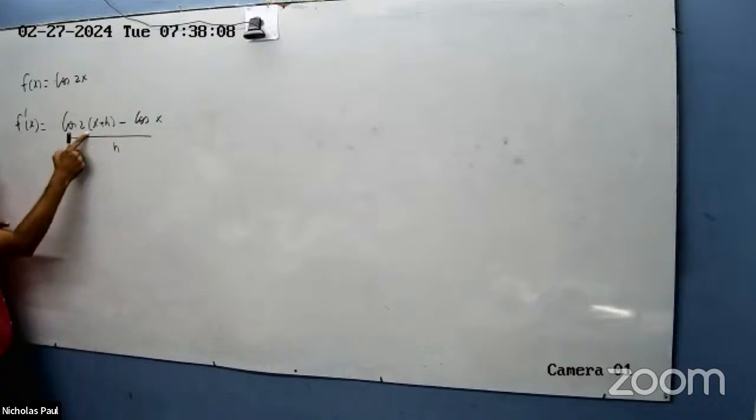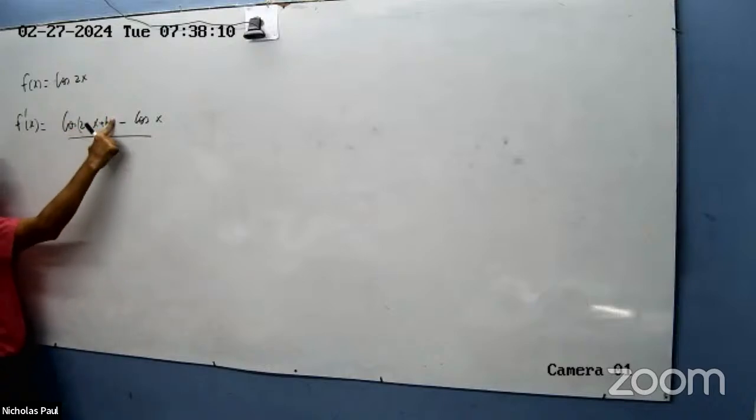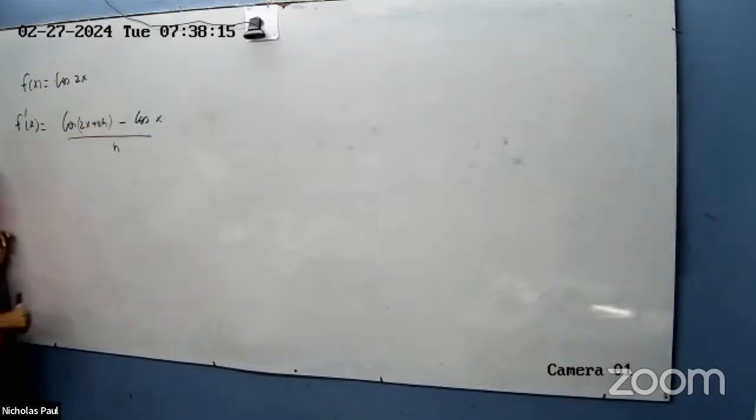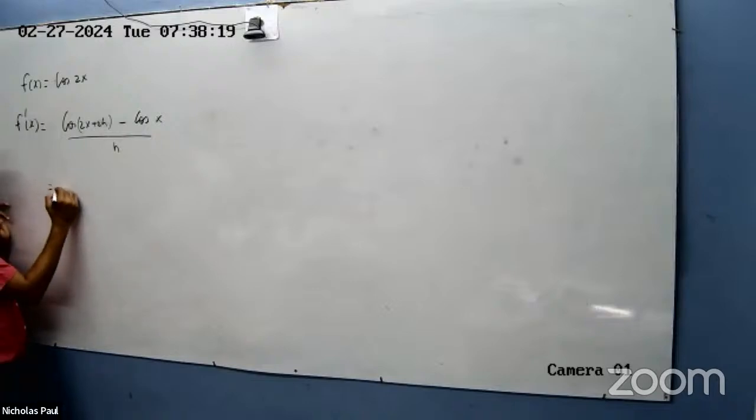So when you reach here and you multiply it out, you will end up with 2x plus 2h. Then you expand it out just like last time. And what will you get?